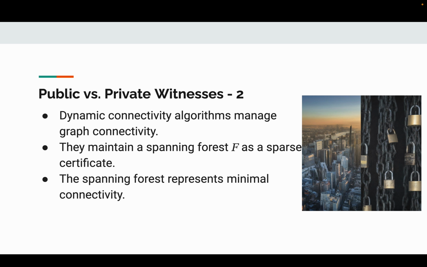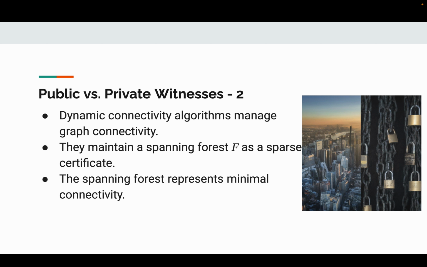We are diving into the fascinating world of dynamic connectivity algorithms. The algorithms play a crucial role in understanding how components within a graph are connected as edges are added or removed, which correspond to the insert and delete in the three operations we introduced.